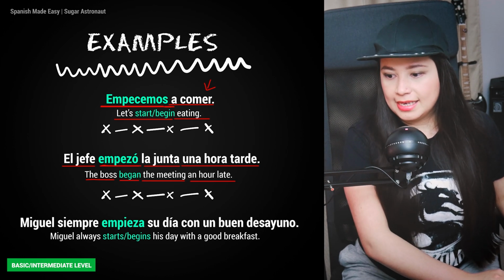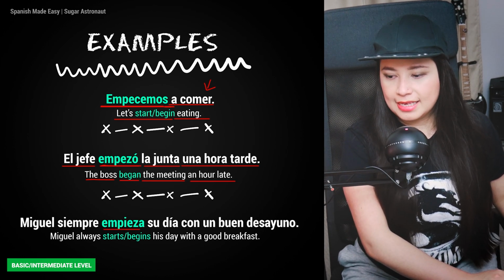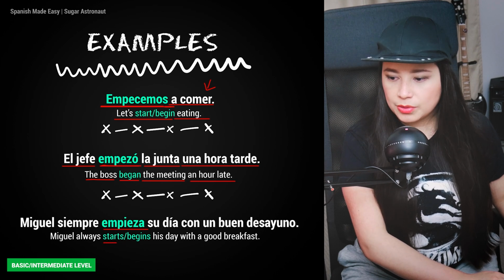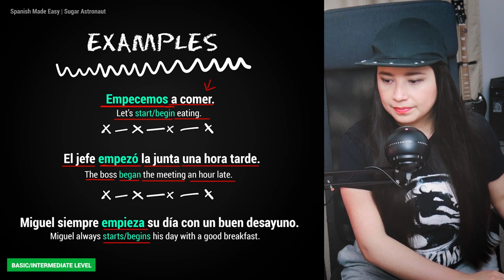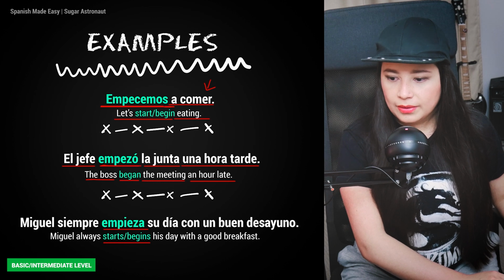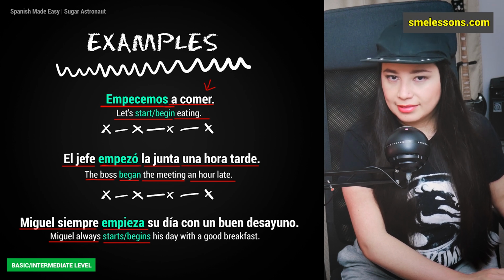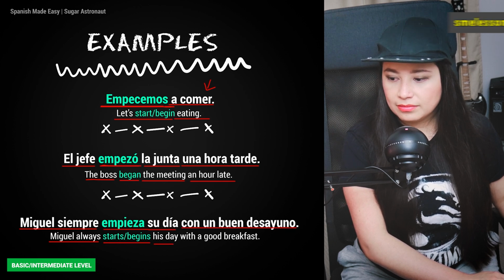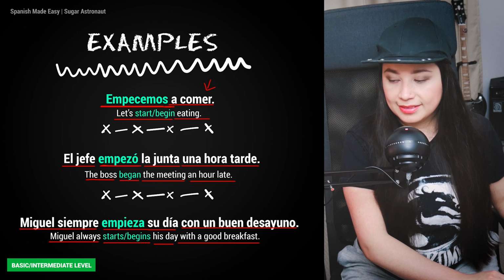So we can see that empieza is right here, and it means starts or begins. Okay, so Miguel siempre, Miguel always, empieza, starts or begins, su día, his day, con un buen desayuno, with a good breakfast.